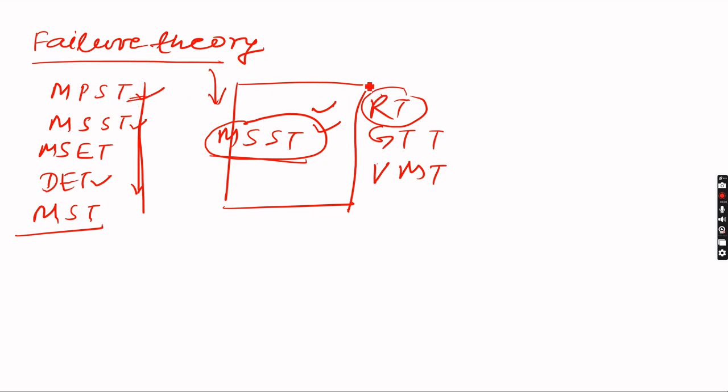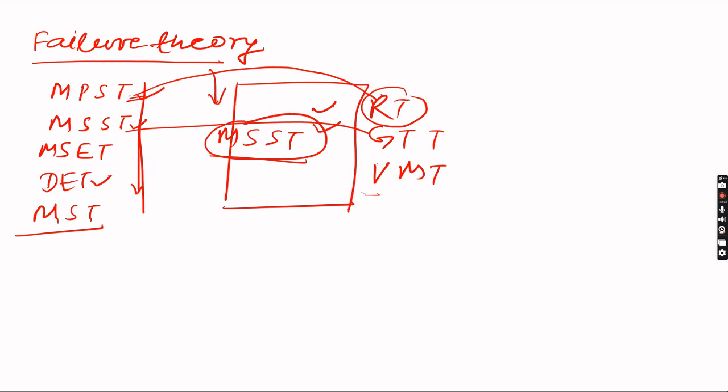Maximum principal stress theory was given by Rankine, so sometimes people call it the Rankine theory. Similarly, maximum shear stress theory is also known as Guest and Tresca theory. Just remember these names also, because they may ask which theory is which, and you have to match them, like this theory may be this one.